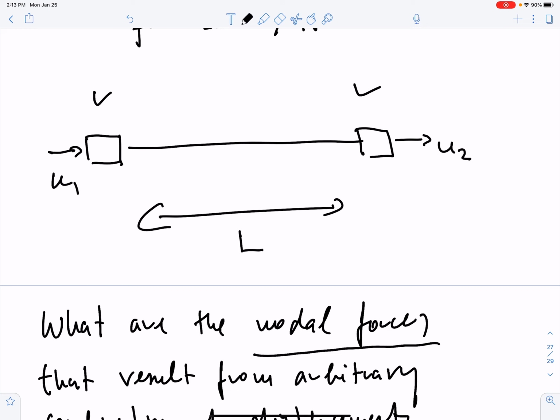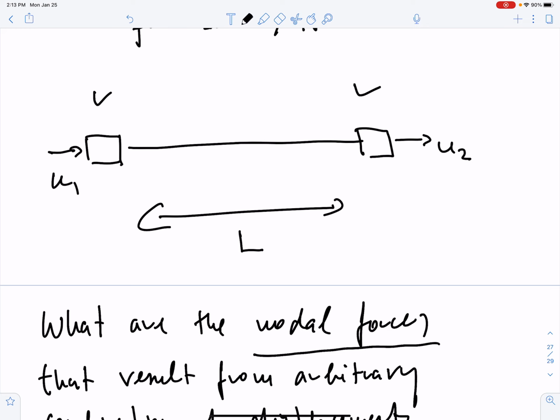In addition, if I restrain U2 instead of U1, I can just put a specific displacement, like 1, and I'm going to get some forces. And then the actual forces corresponding to U1 will scale, so I need to take the result and multiply it by the magnitude of the displacement.